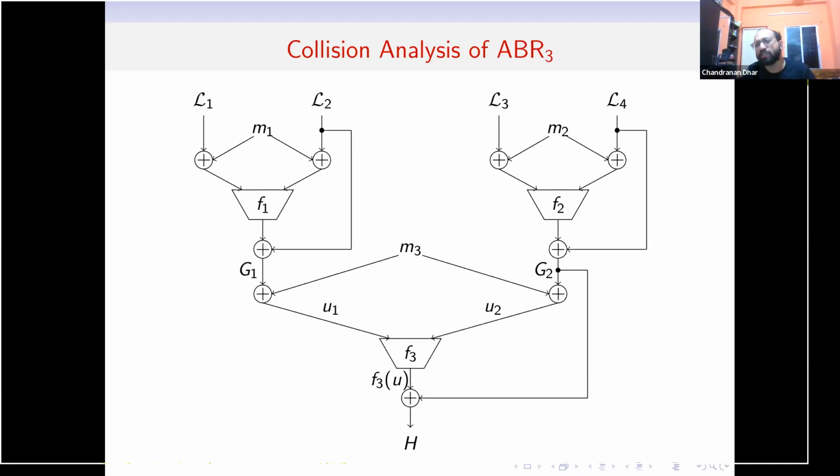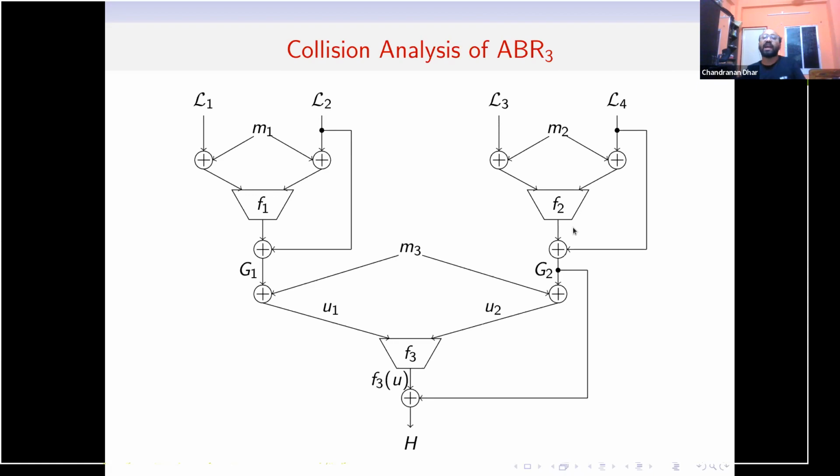Also, we have seen that bounding the non-twin collision is relatively easier compared to bounding the twin collision. For any ABRL, a twin collision cannot occur because of a query at the root node. Because if a twin collision has to occur due to a query at the root node, then we have the same Y for both the queries, and for a collision here, the feed forward needs to be the same. And if the feed forward is the same, then we already have a collision for this subtree.